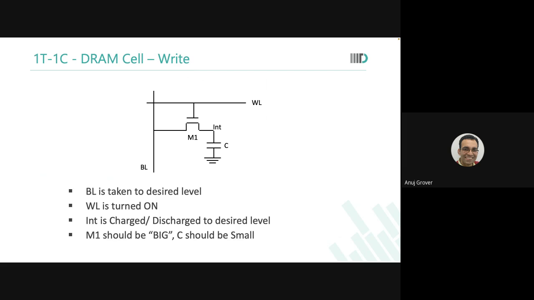That is counterintuitive to scaling. Also, the kind of doping and the kind of critical charge that you will require with a smaller capacitor starts to become challenging. And therefore, the capacitor size cannot be reduced to a very small value. So the capacitor cannot be scaled. That is becoming a challenge.